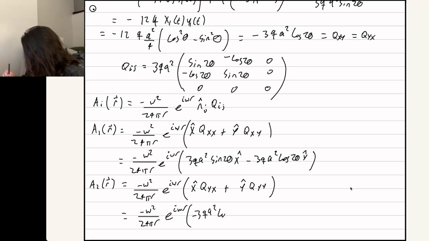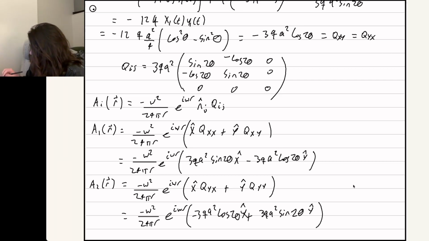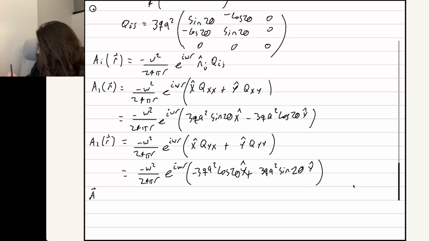That's going to be minus cosine 2 theta x hat plus 3qa squared sine 2 theta y hat. Gosh, I wish I was better at writing things. And so the vector potential will be the addition of these. So A is A1 plus A2.